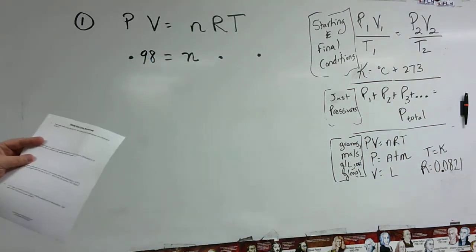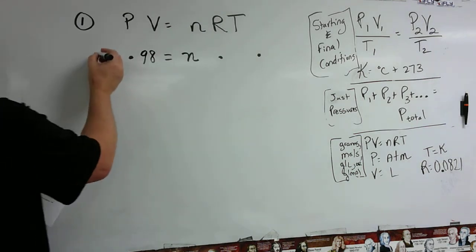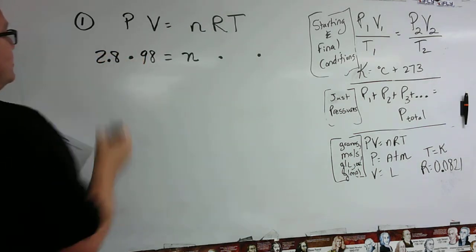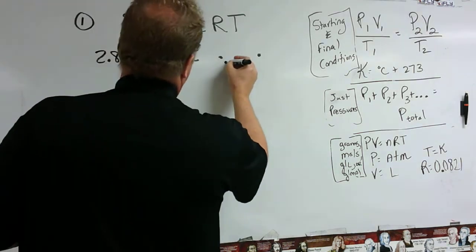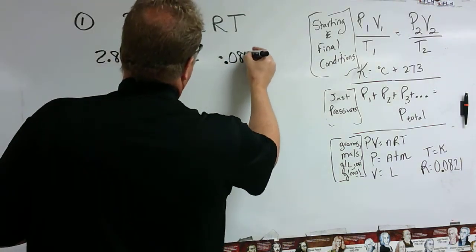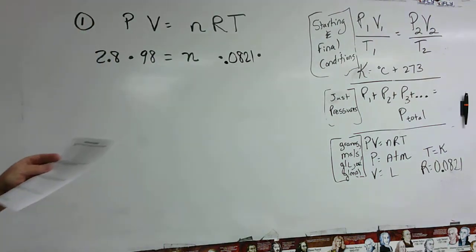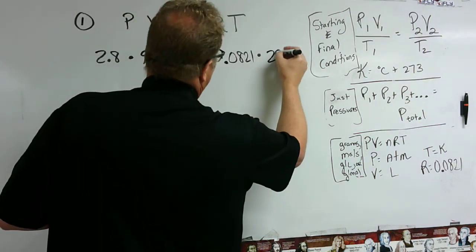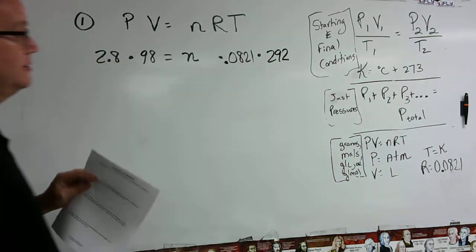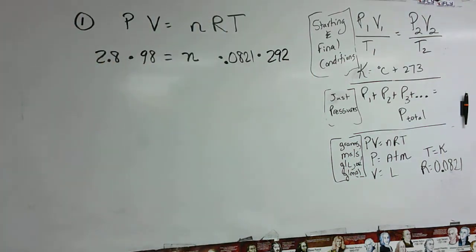Now we've got a pressure, or a P, of 2.8 atmospheres. That's good. My R value, sometimes I just like to pop that in first as a reminder. And then I have a temperature of 292 Kelvin, which again is the correct unit.